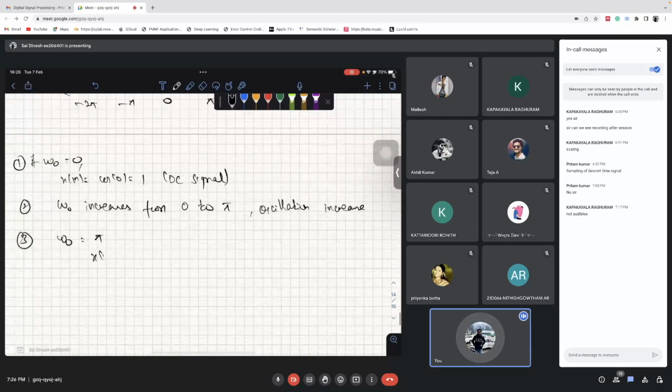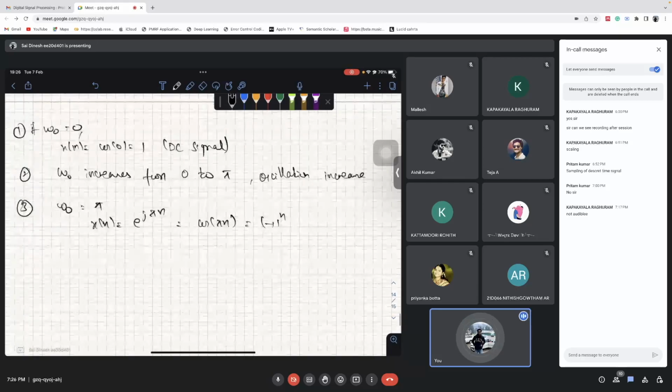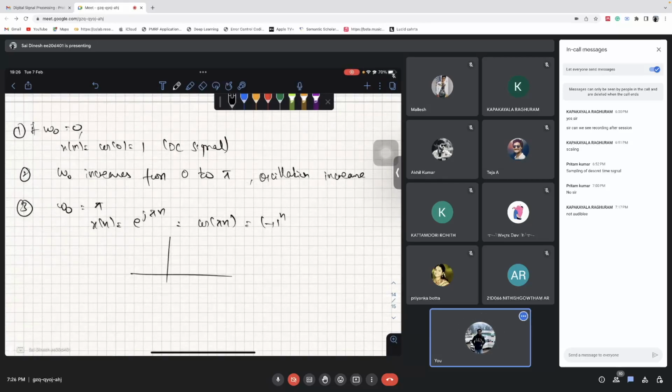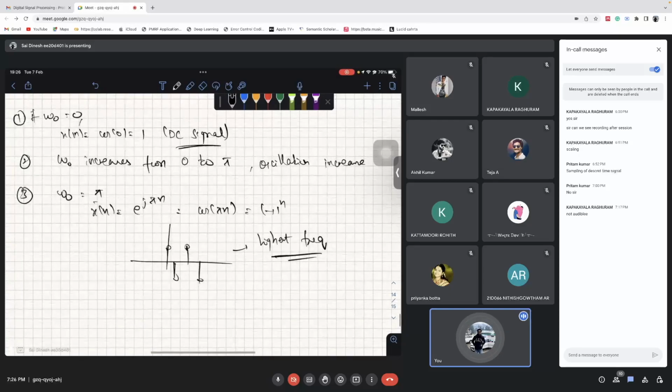In that case, x of n equals e to the power j pi n, which is cos pi n, which is minus 1 to the power n. So it's like at each sample 1, minus 1, 1, minus 1. This is the highest frequency that we can have in the discrete case. So at 0 it is a 0 frequency signal, at pi it has very high frequency.